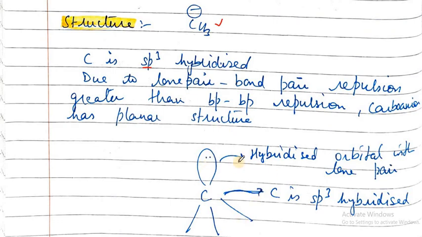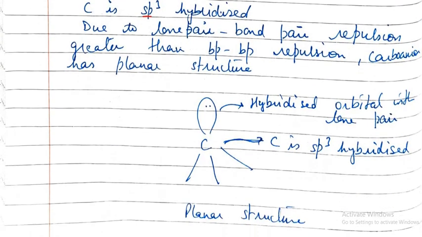This orbital contains the lone pair and the other 3 orbitals form bonds with other atoms. If it is CH3, then these 3 bonds form with the s orbitals of hydrogen. So carbanions have carbon with sp3 hybridization and they have a planar structure.